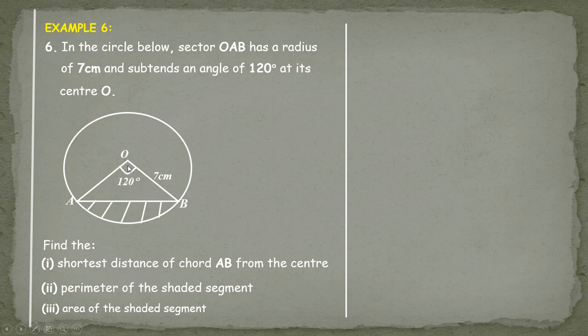Otherwise, if the distance is not the shortest, then it will be longer. It can be drawn up to this point, it can be drawn up to that point. But the shortest distance of the chord AB from the center O should be perpendicular to it, and that is the principle that we must use. So the shortest distance must be perpendicular to the chord.